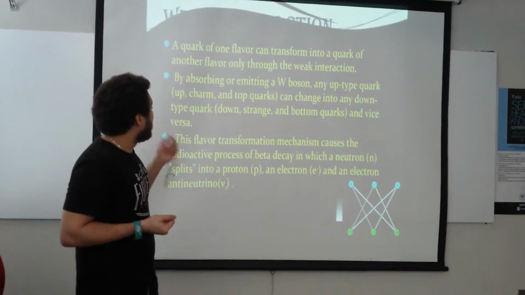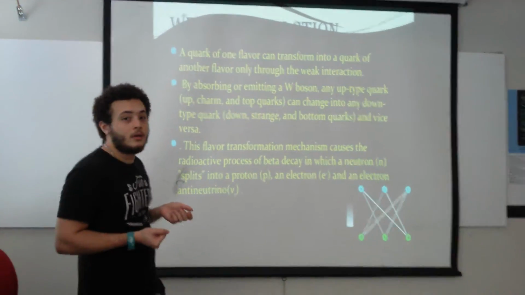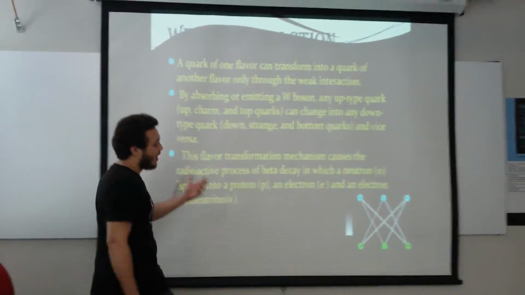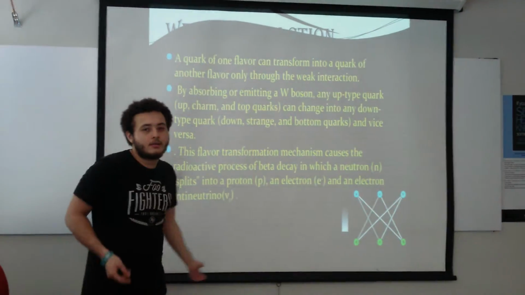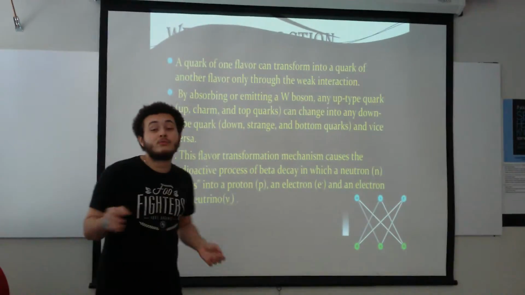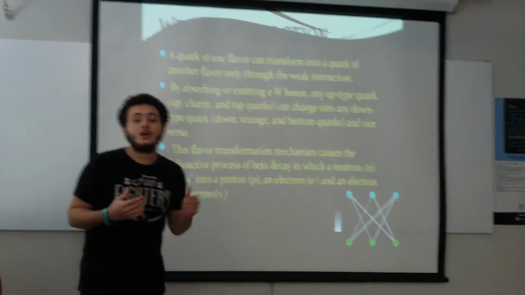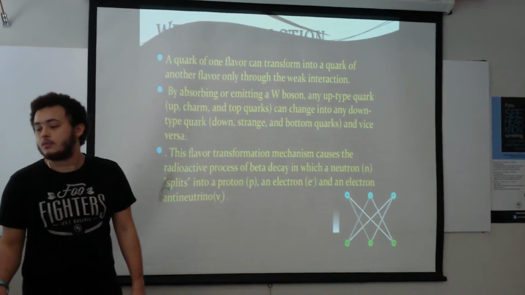Any up-type quark, up, charm, or top quark, can change into any down-type quark, and vice versa. It's very complicated, and you really have to like physics and try to understand the characteristics first to come to understand this.